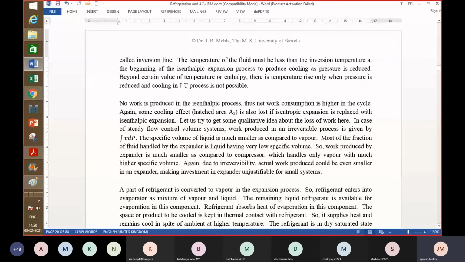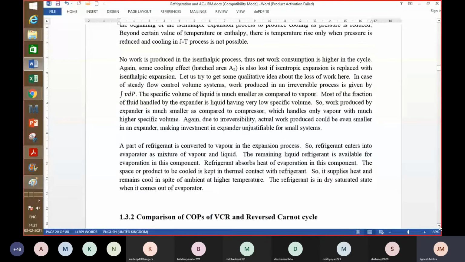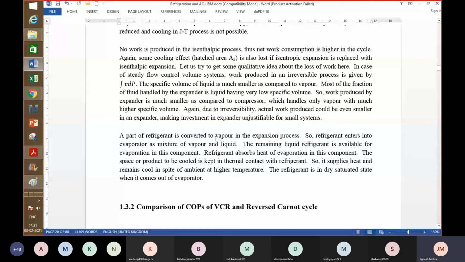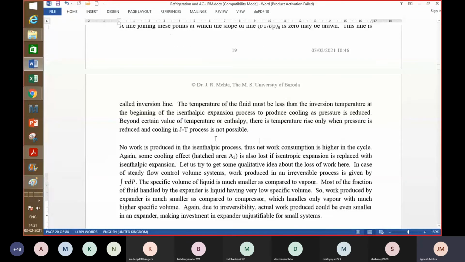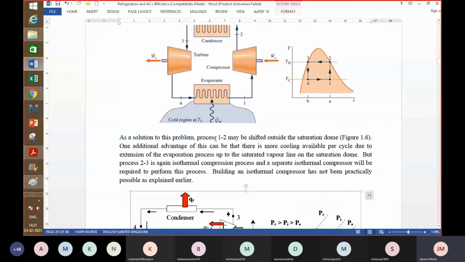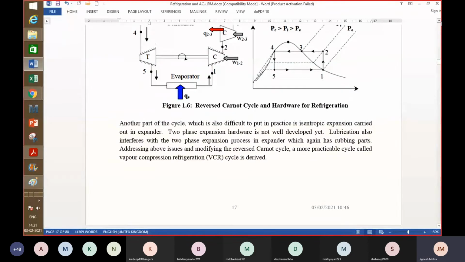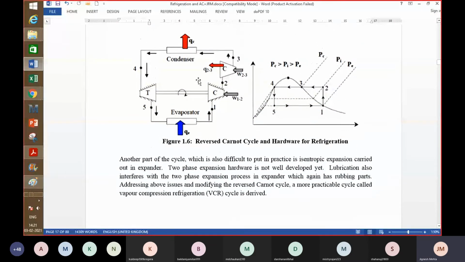Okay. Now you have replaced that isentropic expansion process with isenthalpic expansion process. Isentropic expansion process produces some work, and if you recall that diagram, you can see that this isentropic turbine or expander is shown to be connected with this.